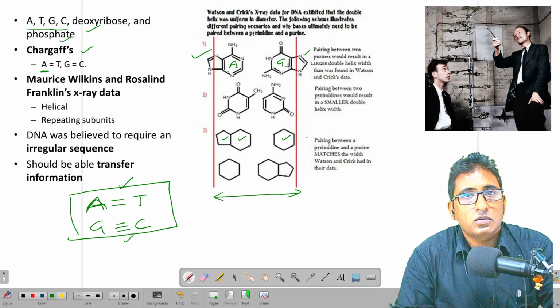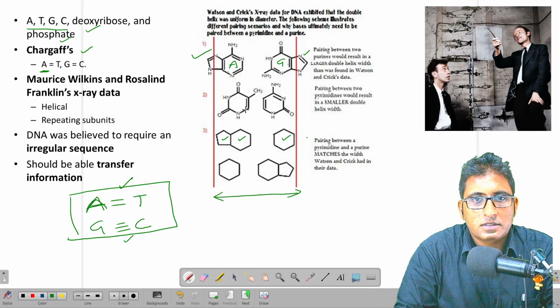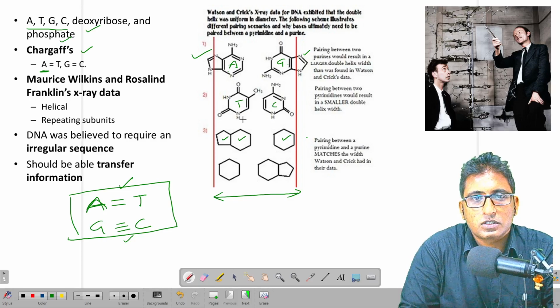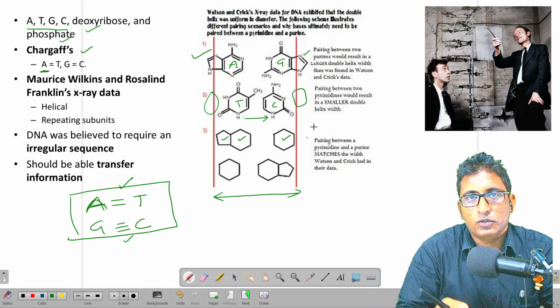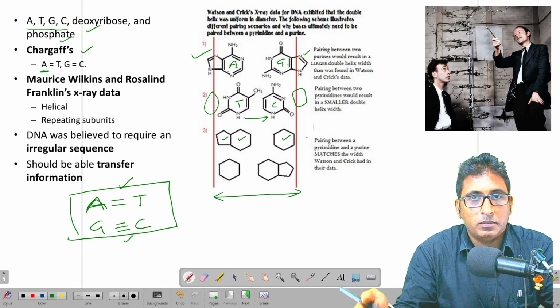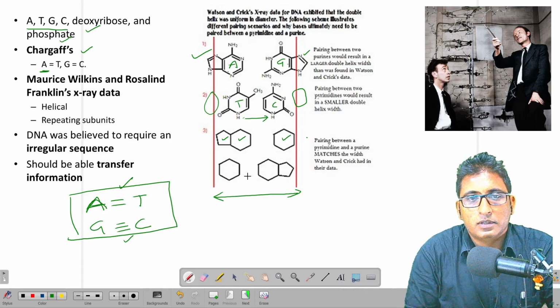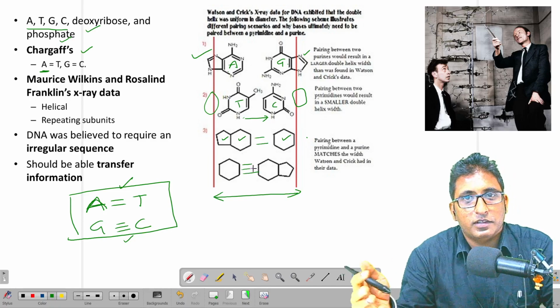If we were to put two pyrimidines, say thymine and cytosine, then there is an empty space. Only when we have one purine and one pyrimidine is the space absolutely right, like this. That is another logic.